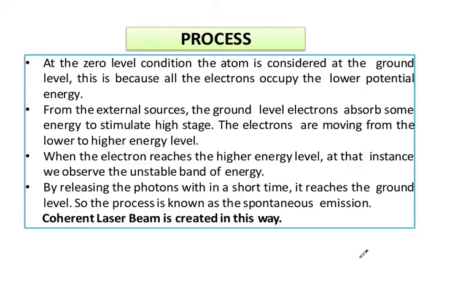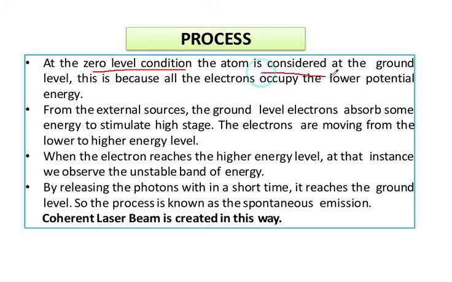So what I have told is that before we go with the material removal rate and all those things, we should be a little aware of the process also. So now let's have a look at the process in a brief manner. At the zero level condition, we are considering the working principle from the zero level.